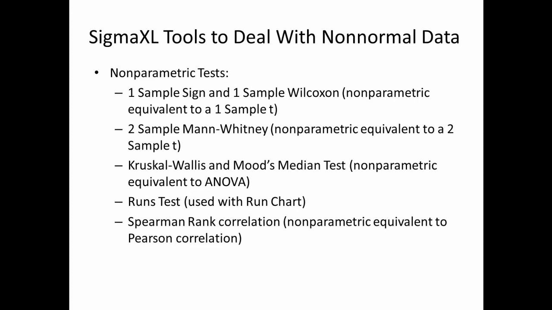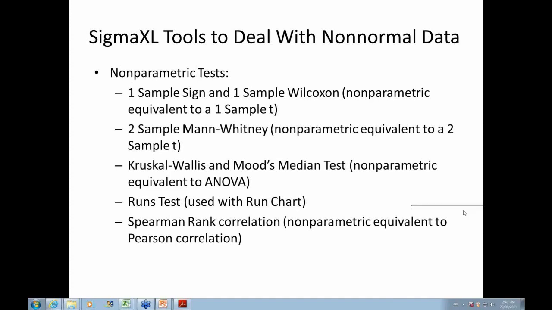The two sample Mann-Whitney is the nonparametric equivalent to a two sample t test, and then you have the Kruskal-Wallis and the Mood's median test. These are nonparametric equivalents to ANOVA, where Mood's median is considered to be more robust to outliers than Kruskal-Wallis.